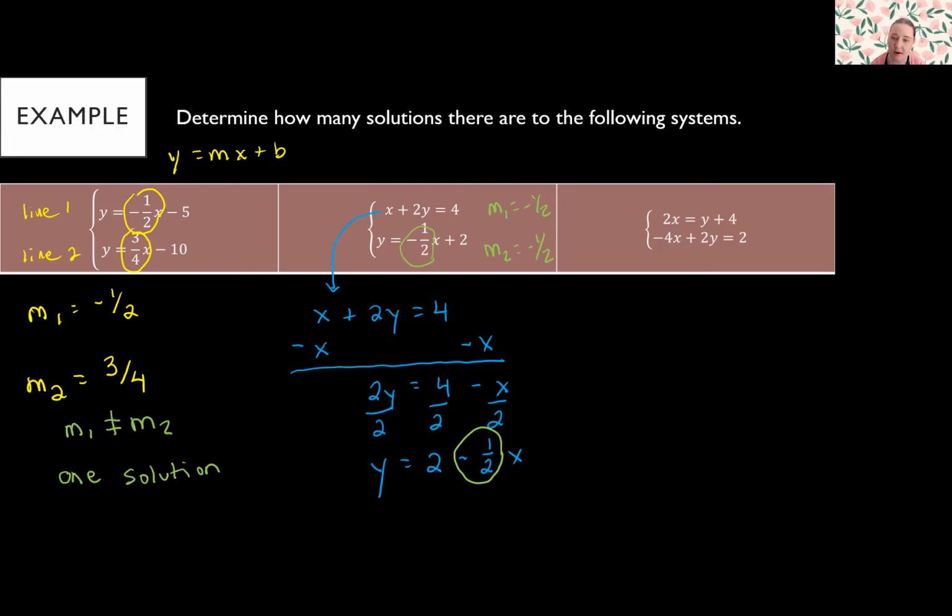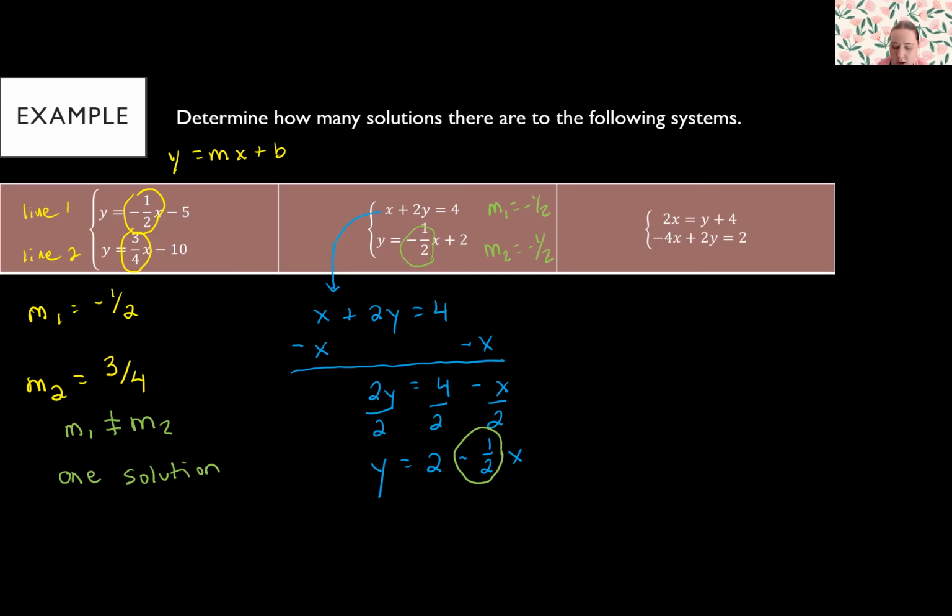It depends on whether they're parallel or the same exact line. So we need to look at the y-intercepts to see if they are the same. So what are the y-intercepts for these two lines?